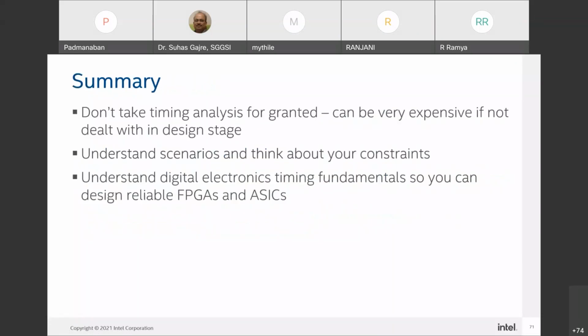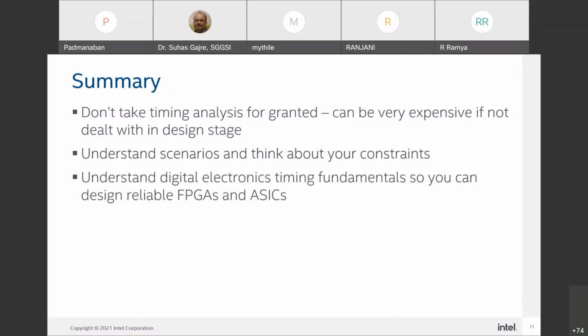And then finally, the summary: don't take timing analysis for granted. What they say from that is it is very expensive if not dealt with at the design stage. You could see that in multiple cases we have taken case studies to show how multi-cycle paths need to be fixed, how false paths need to be fixed, and how we need to apply different timing constraints for the design. Everything we have seen.